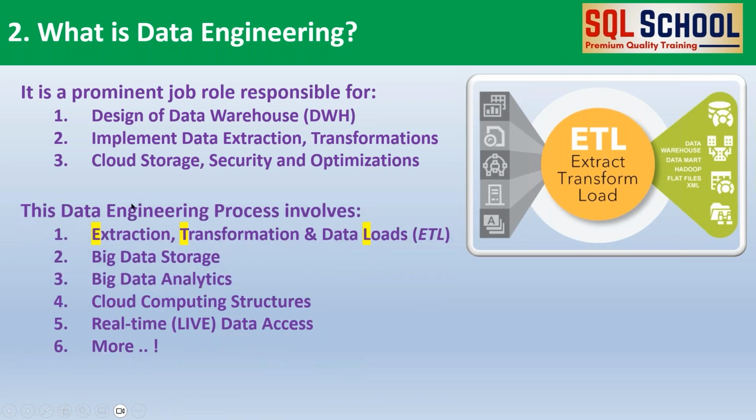So this data engineering process involves ETL, extract, transform, and load, big data storage, data analytics, cloud computing, and real-time data access, and a lot of other stuff as well. These are the major activities. So remember, as a data engineer, what do we do? Lift and shift. Lift the required data from OLTP, shift it to data warehouse.